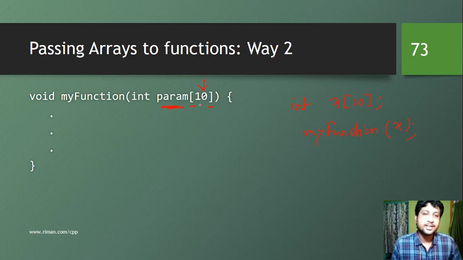One thing to be noted here, as we have mentioned the size 10, we cannot have an array that has more than 10 elements. Only the first 10 elements will be captured by this particular variable. So you must have the same number of elements or fewer elements in the actual parameter.